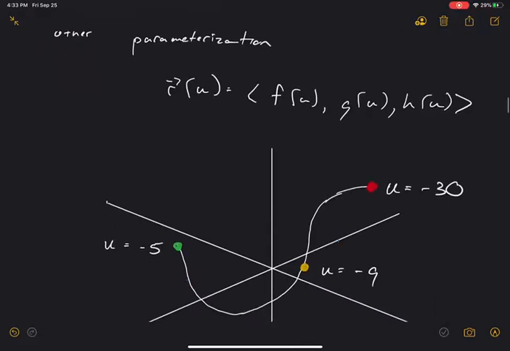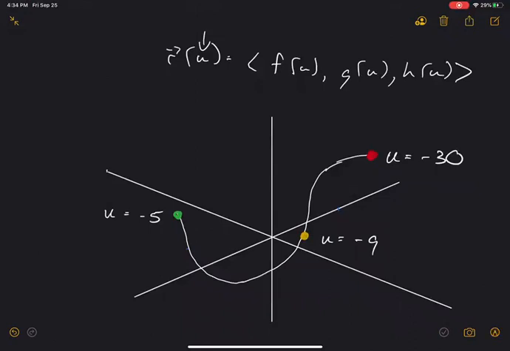Like we could say we have this vector valued function where the parameter is u, and at u equals -5, we're here. At u equals -9, we're there, and at u equals -30, we're there. So maybe this doesn't make sense from a real world standpoint. Like, what does u mean? Well, u doesn't mean anything. It's just that at those values of u, we're at these points. So this parameter could be something concrete like time, or something a bit more abstract.